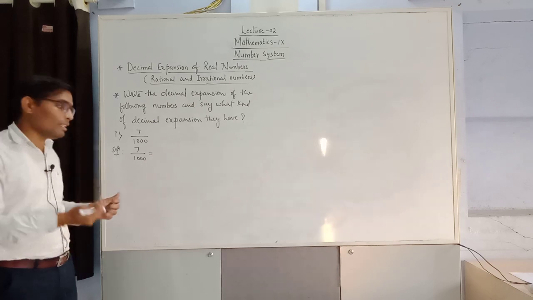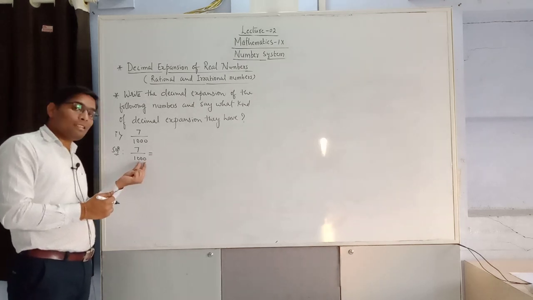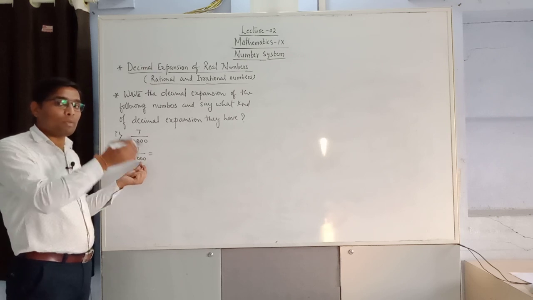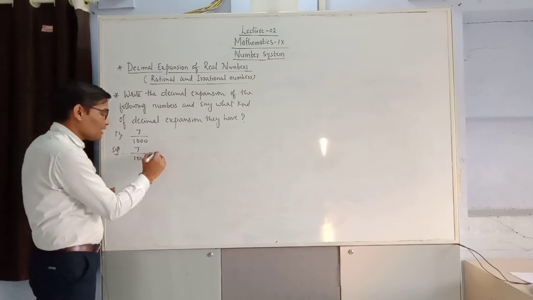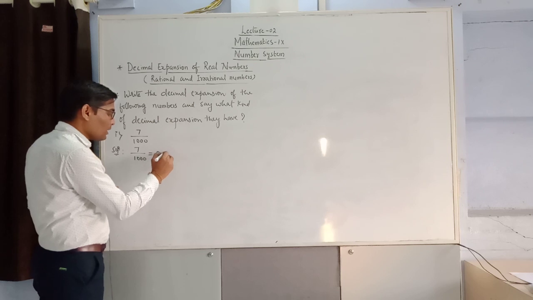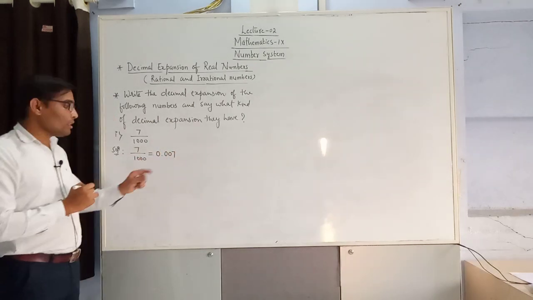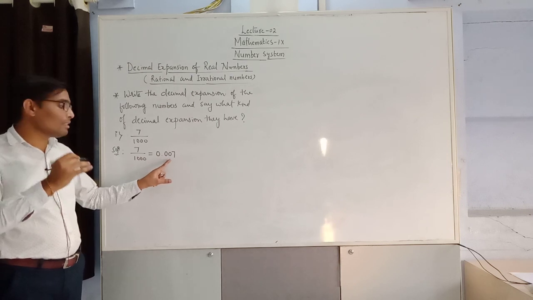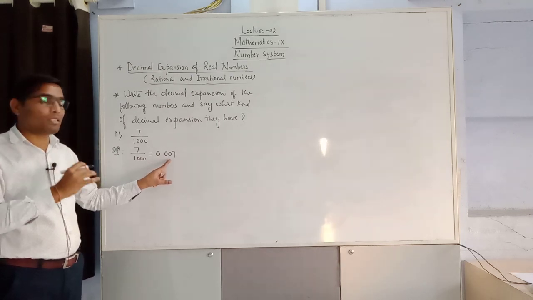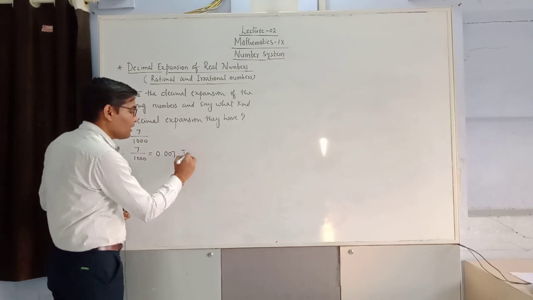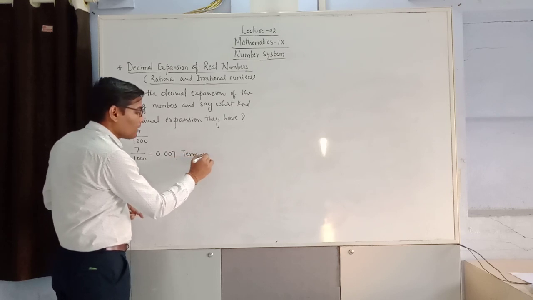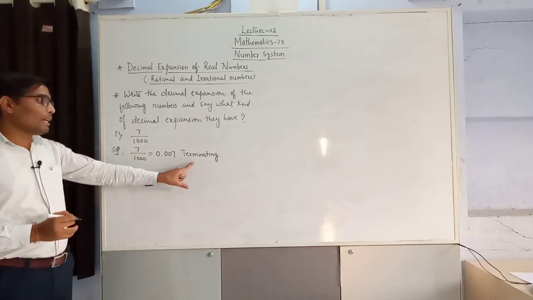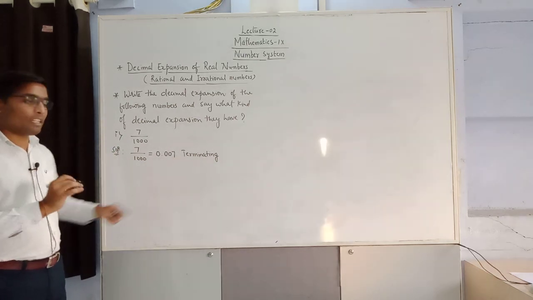We can directly write: there are 3 digits in the denominator, so we place a decimal point 3 digits before the numerator, then the decimal expansion will be 0.007. Here, after the decimal point, there are a countable number of digits, that is, the digits are ending. Therefore, this type of decimal expansion is called terminating. The number 7 by 1000 has a terminating decimal expansion.